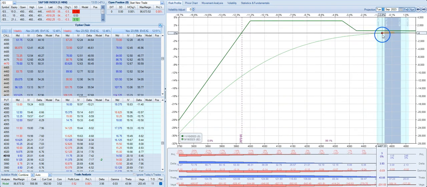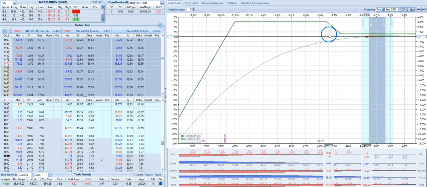Because if your stop loss is minus 3K and you put on 10 contracts because that's how many you can fit into your account, and you're forced to take a loss of $3,000 per contract, that's a $30,000 drawdown. If you only have a $100,000 account, you just took a 30% haircut.